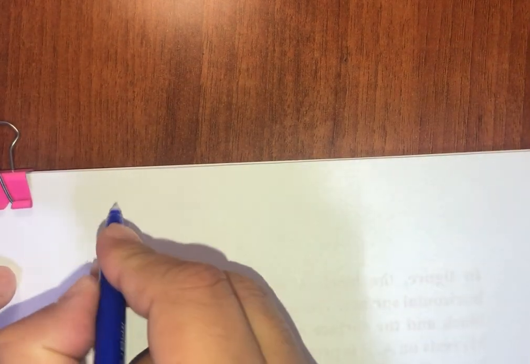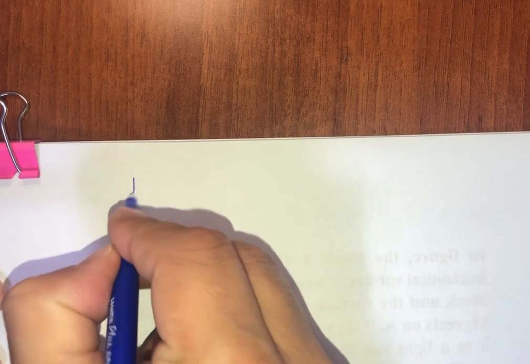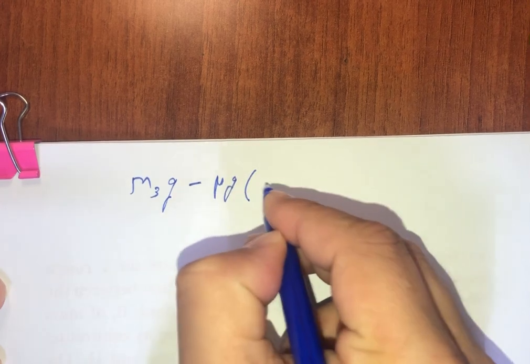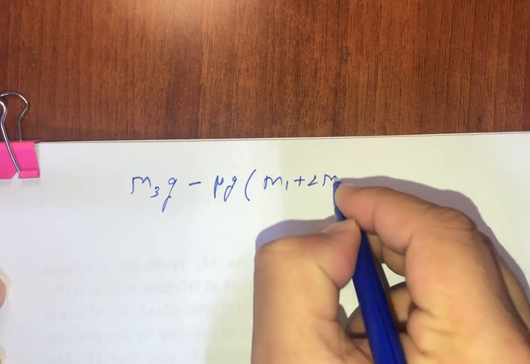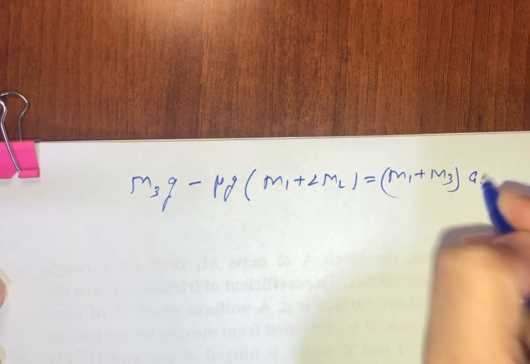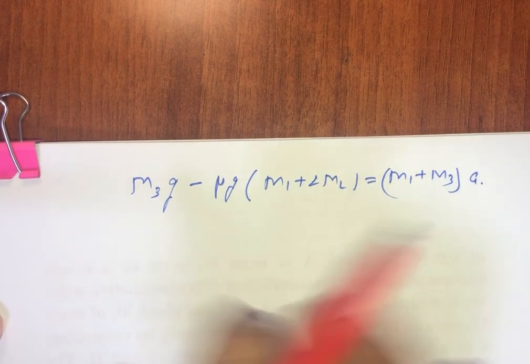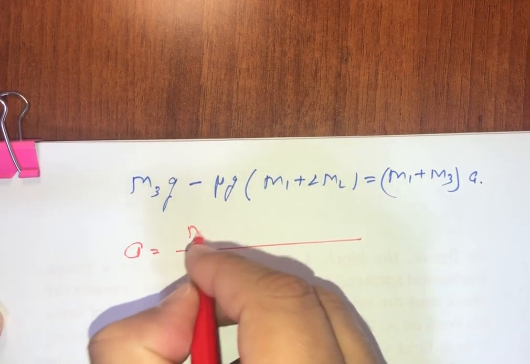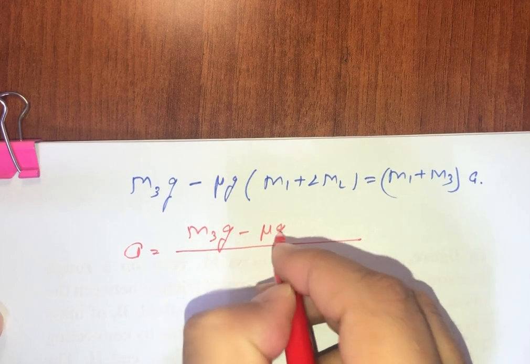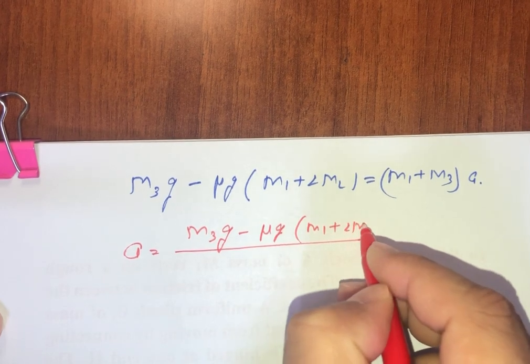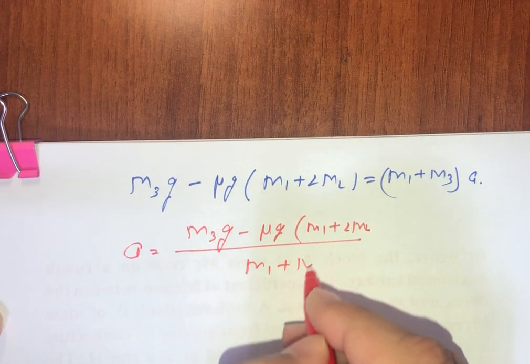So let me once again write the equation. We got the equation as m3g minus mu g m1 plus twice m2 is equal to m1 plus m3 multiplied by a. So we get the acceleration as a, it can be written as m3g minus mu g m1 plus twice m2 divided by m1 plus m3.